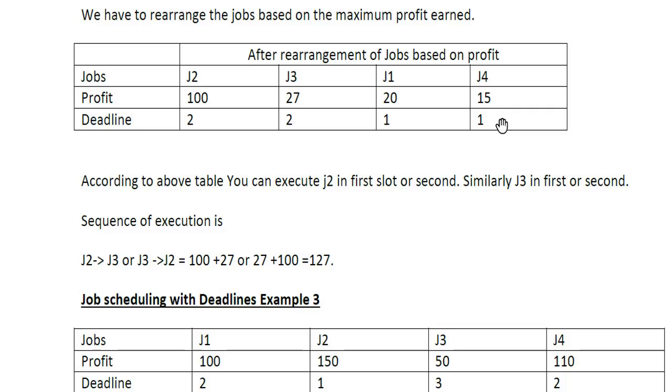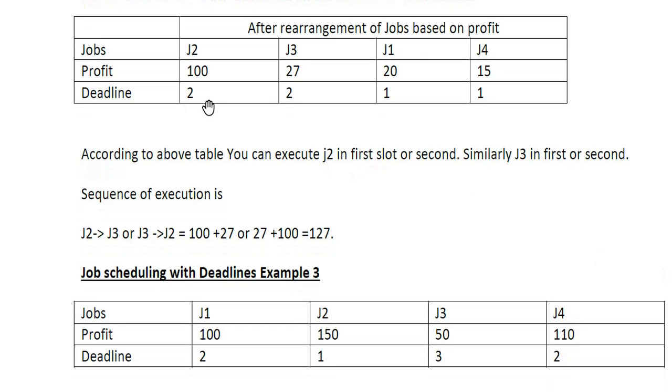So if we go on choosing job 2 in slot 1, followed by job 3 in slot 2, both are possible because job 2 has 2 slots, and job 3 also has 2 slots. So according to this, we can get either job 2 followed by job 3 or job 3 followed by job 2.